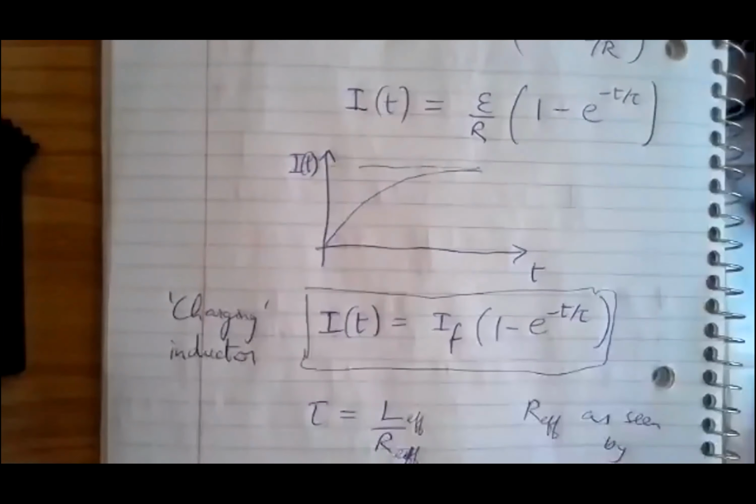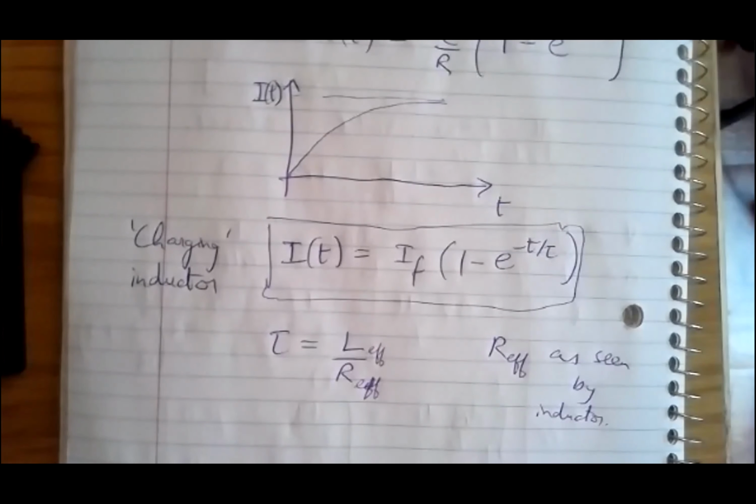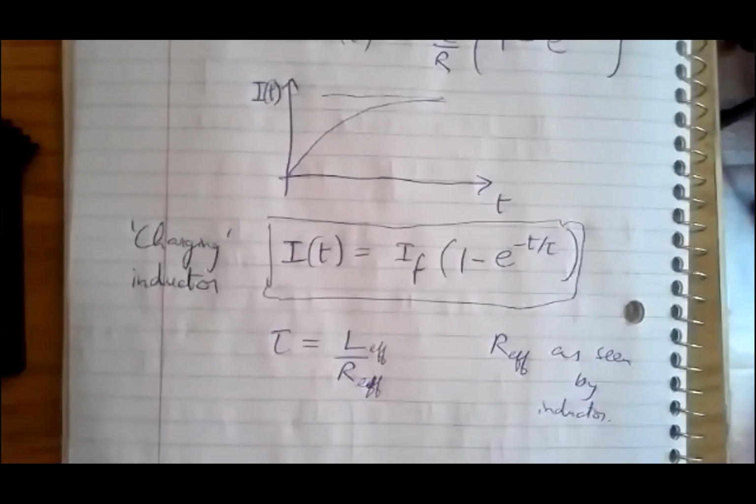As in, if you took out the inductor and stretched out the circuit, and left the open space for the inductor, what resistance does the inductor see? That is the R effective. So this will maybe be a little clearer once we do a few examples, but this is the general form. And L effective would be like if there are multiple L's? Exactly, yeah.